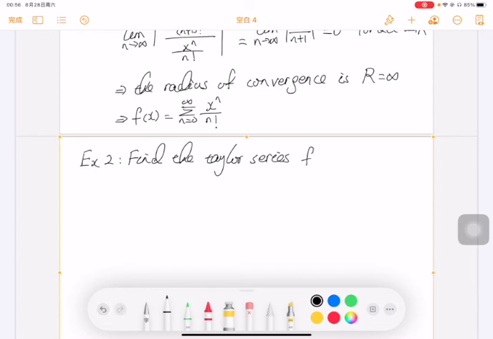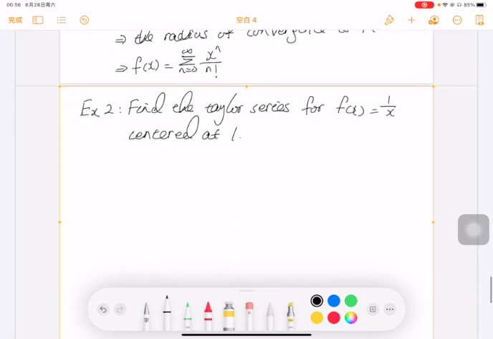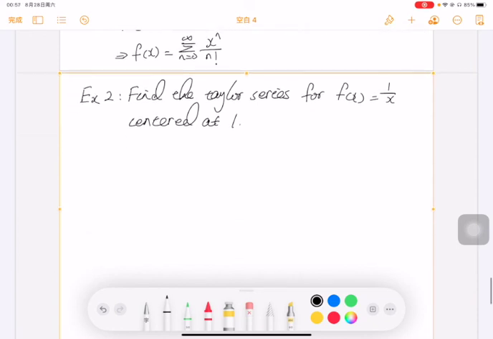For the function f of x equals 1 over x, centered at 1. As always, we first take the derivatives.